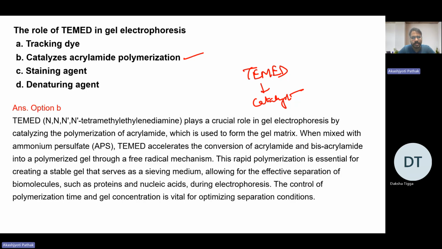Remember this: when mixed with ammonium persulfate, TEMED accelerates the conversion of acrylamide and bisacrylamide into a polymerized gel through a free radical mechanism. This rapid polymerization is essential for creating a stable gel that serves as a sieving medium, allowing effective separation. So TEMED acts as the catalyst.